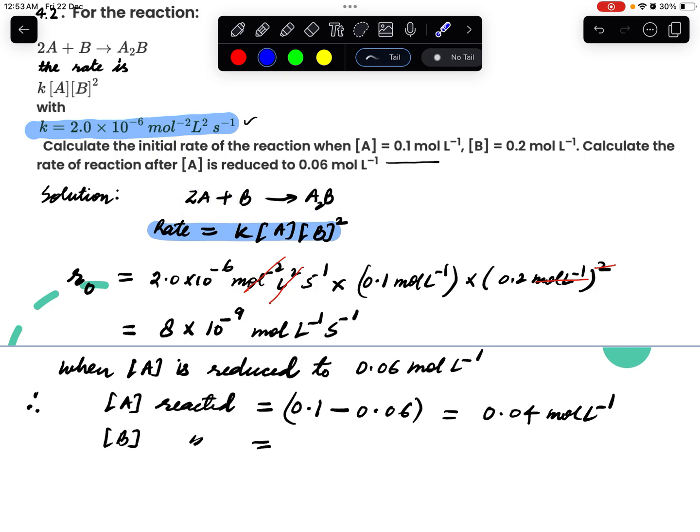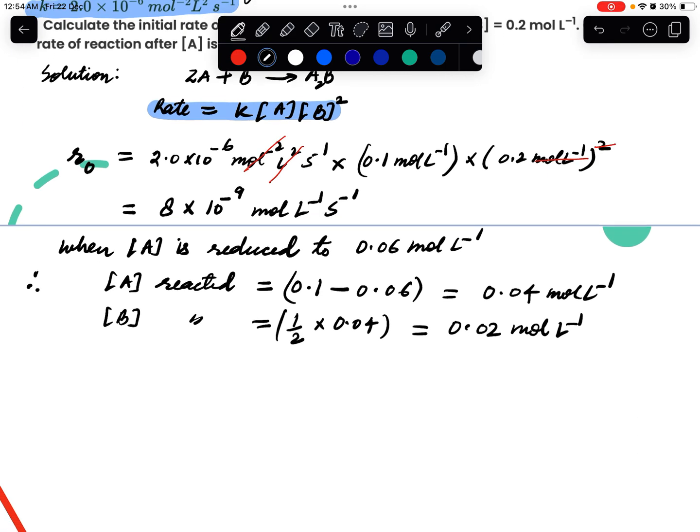If 1 mole of A is reacting, half a mole of B will react, or if 2 moles of A react, 1 mole of B will react. So the B reacted will be half of the amount of A reacted, which is 1/2 into 0.04, so we get 0.02 moles per liter.